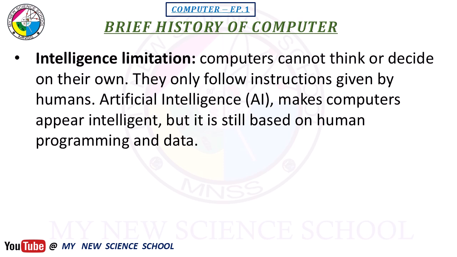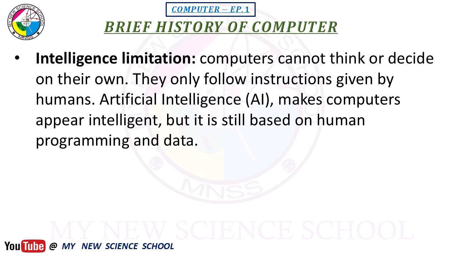They only follow instructions given by humans. Although artificial intelligence, that is AI, makes computers appear intelligent, it is still based on human programs and data. They are programmed and they are given data. That is the reason we see them as limited, because they cannot decide on their own.